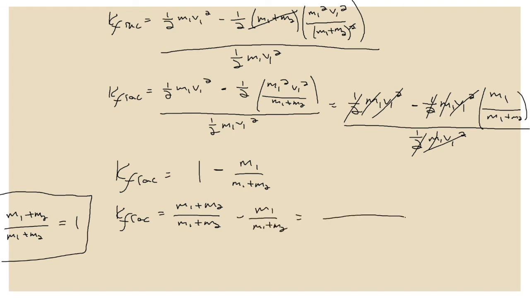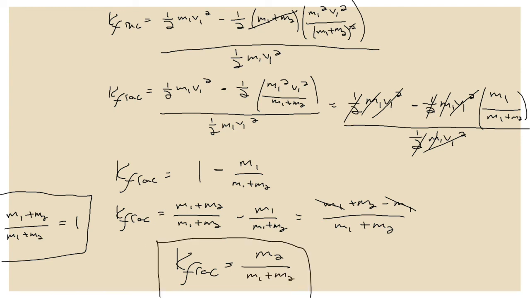And what that gives me, remember, when you subtract fractions with the same denominator, you keep the denominator. I have m1 plus m2 minus m1. And this positive m1 cancels this negative m1. And that leaves me, for my fraction of kinetic energy, m2 over m1 plus m2. What the heck?